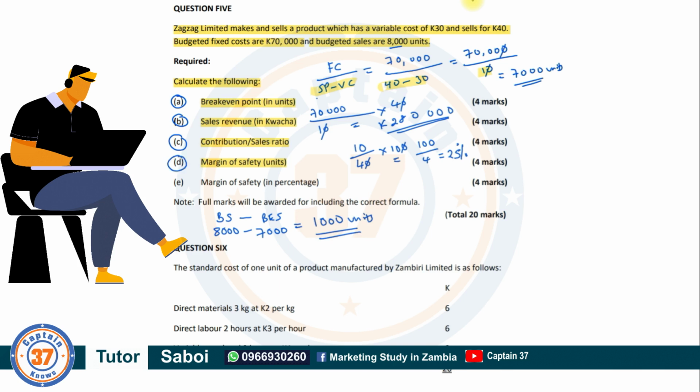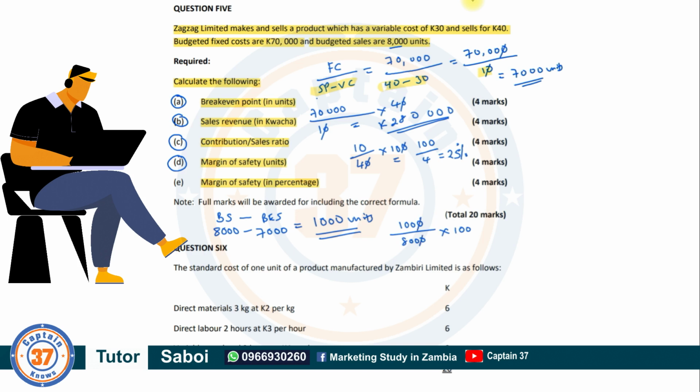Further, we are supposed to calculate the margin of safety in percentage. That's really simple. We know that the margin of safety is 1,000, of the budgeted sales, which was 8,000. And we have to present it in percentage form, so we multiply it by 100.